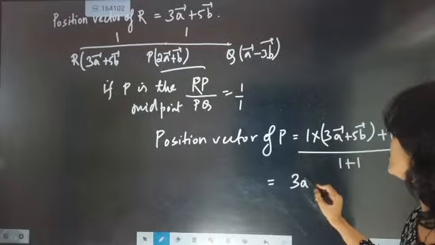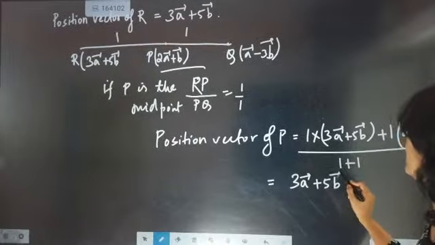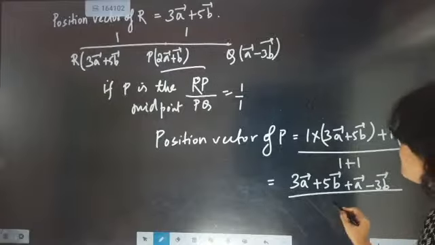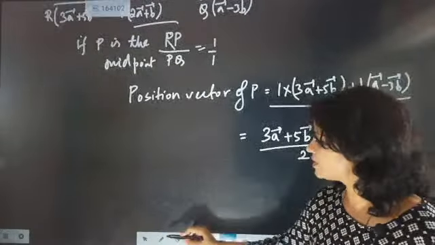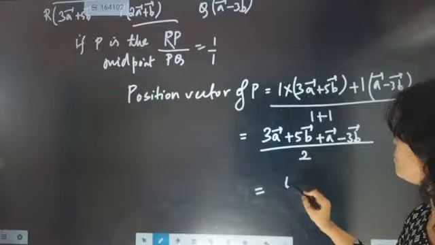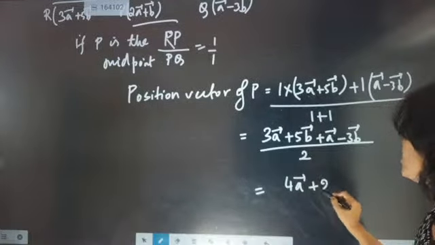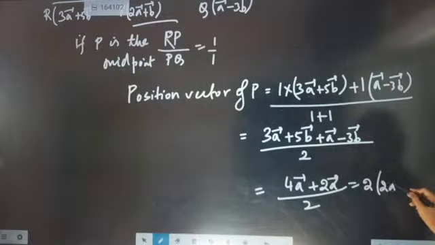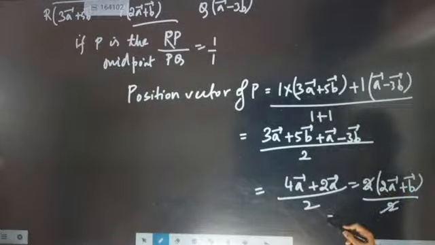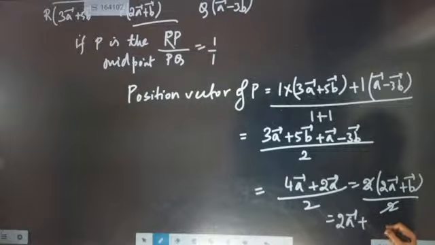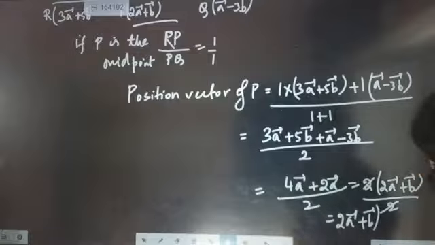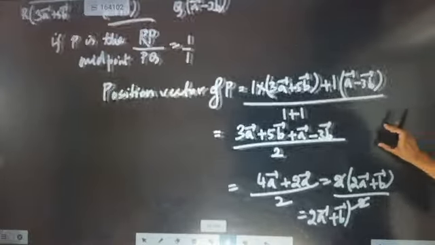So it will become 3a vector plus 5b vector plus a vector minus 3b vector, by 2. So here it will come as 4a vector plus 2b vector by 2, and the 2 cancels. So it is coming as 2a vector plus b vector, which is exactly the position vector of the actual P vector.